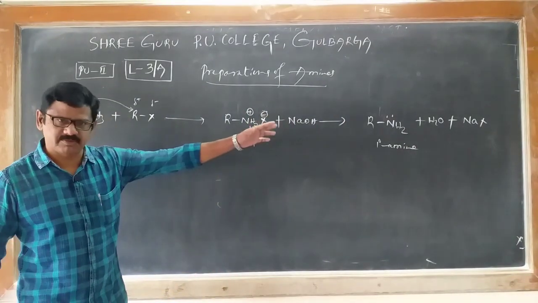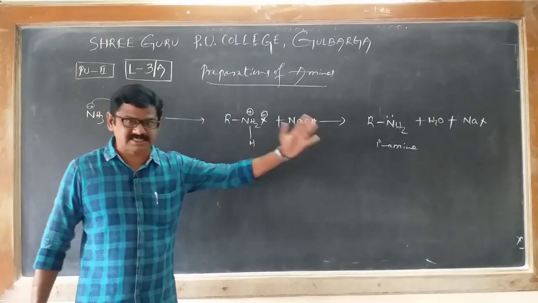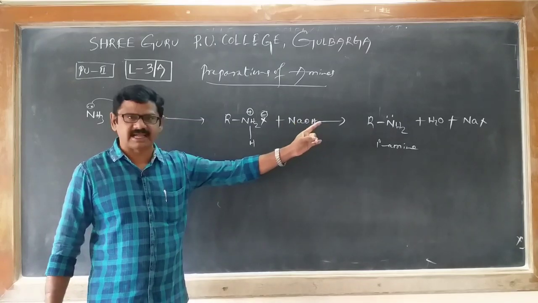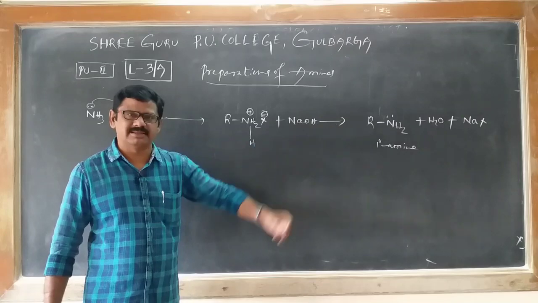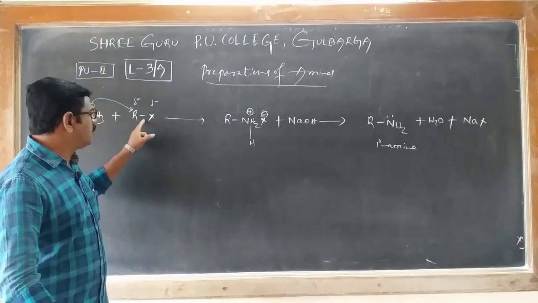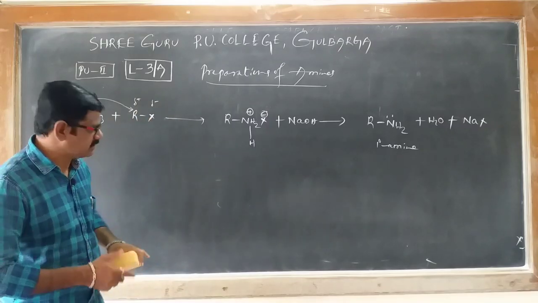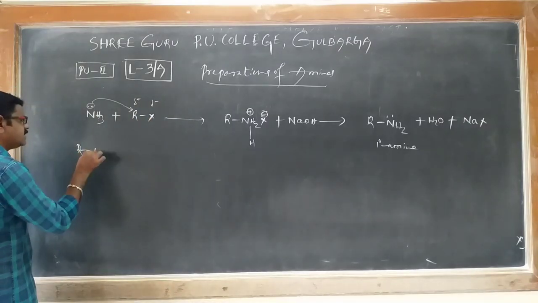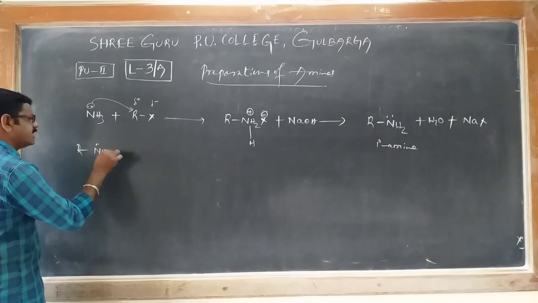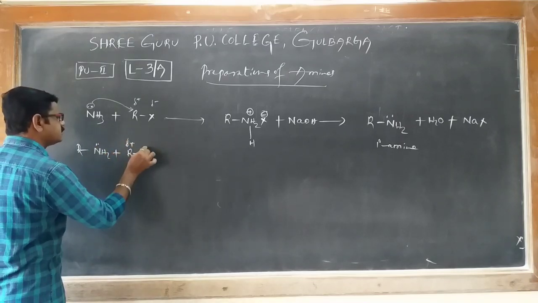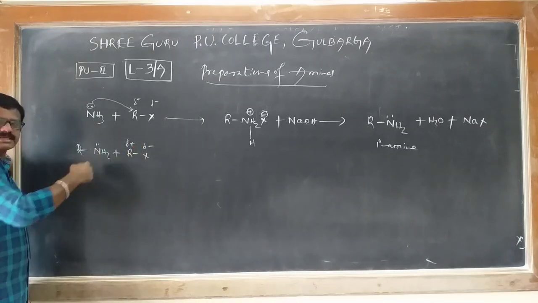After formation of the primary amine, the reaction does not stop. Successive ammonolysis takes place. That primary amine reacts with one more alkyl halide, because we have taken excess alkyl halide. Same story again: now the primary amine is acting as nucleophile.